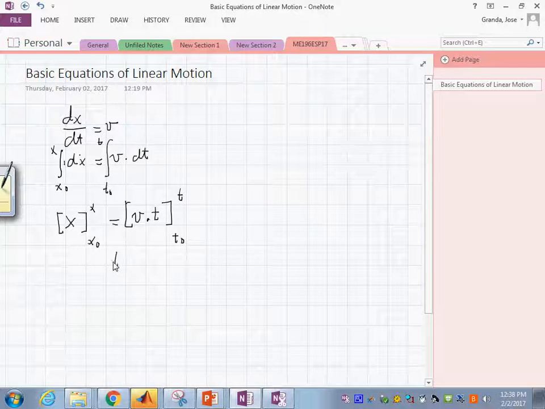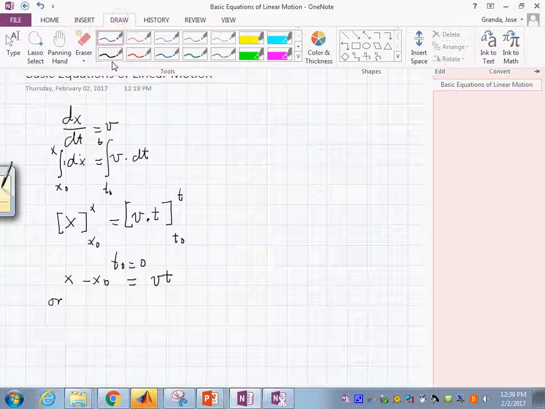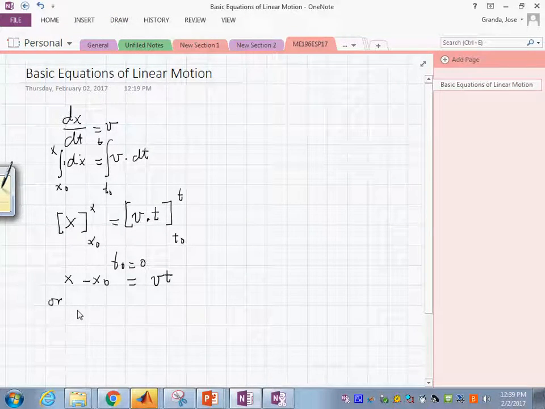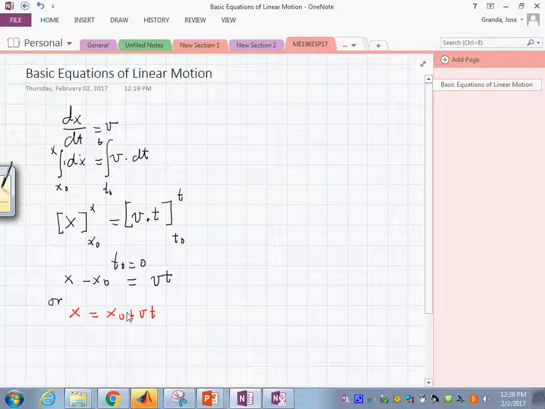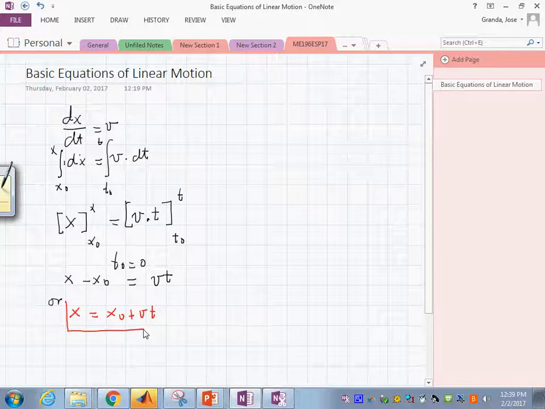We normally have that t0 is 0, so this would say that x minus x sub 0 is equal to velocity times time, or finally x is equal to x sub 0 plus velocity times time. So this is one equation of motion that we need to know. Okay.